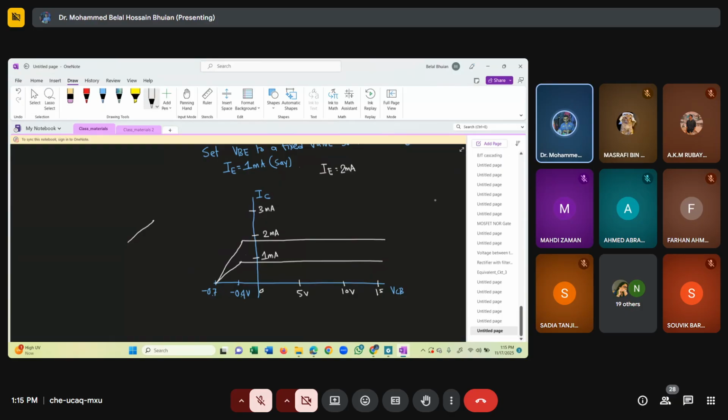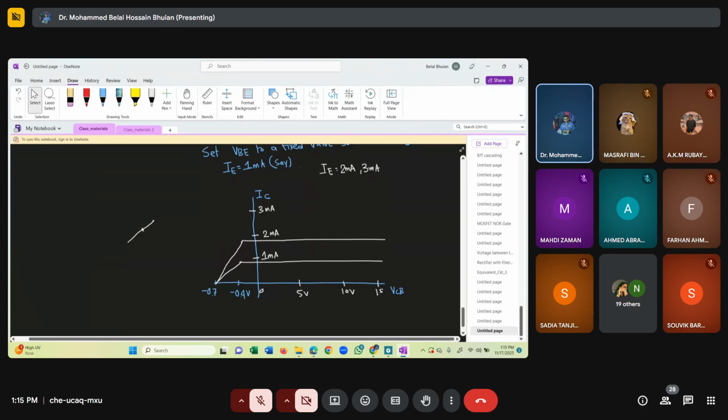Again, if I set IE to 3 milliampere, then it will be like this.